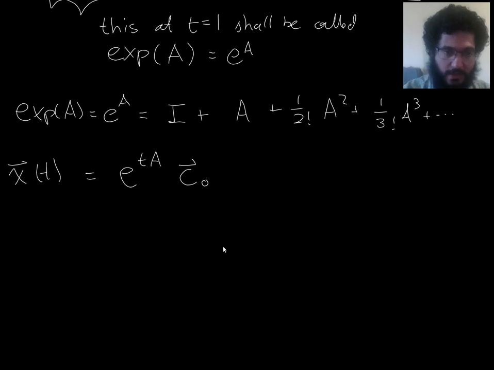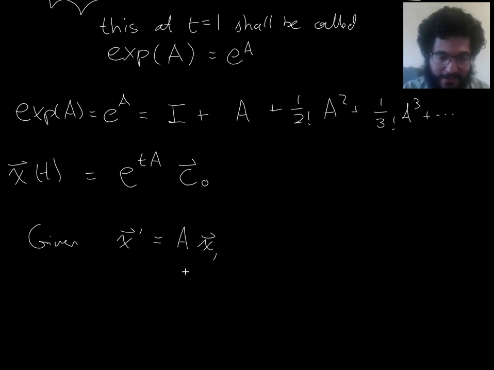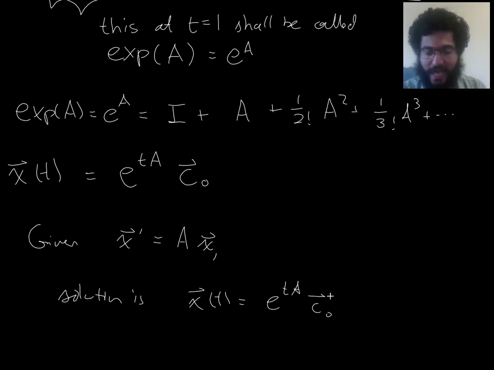Okay, so here's what we have achieved. Given the differential equation x prime equals ax, you can immediately write down the solution. The general solution is this, and then you have n free parameters contained in this vector.